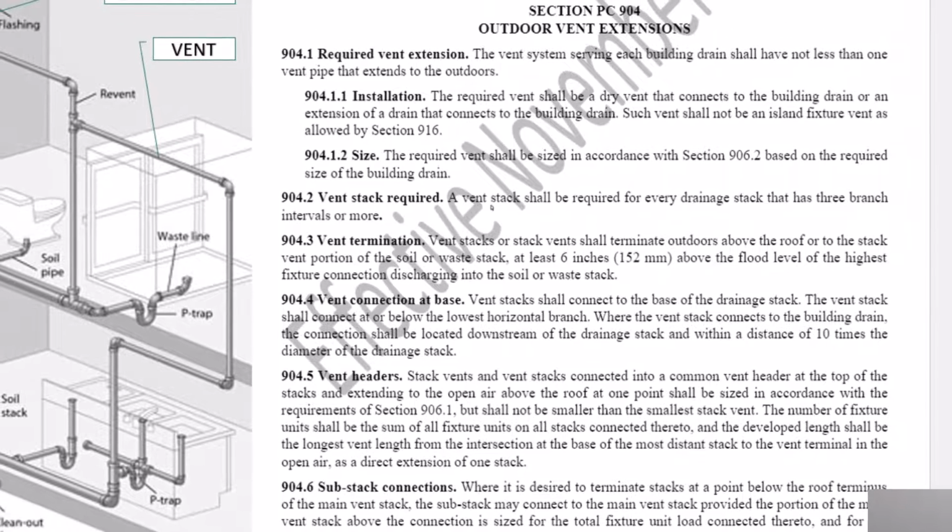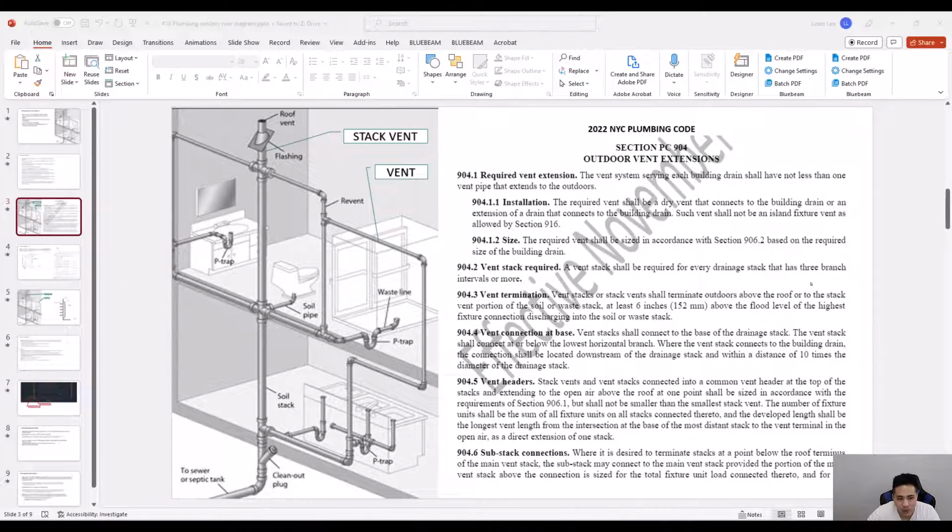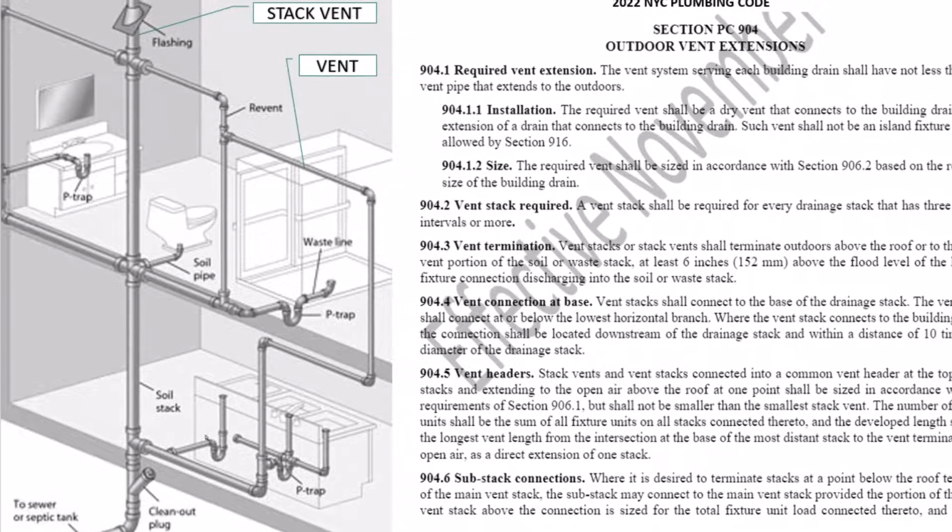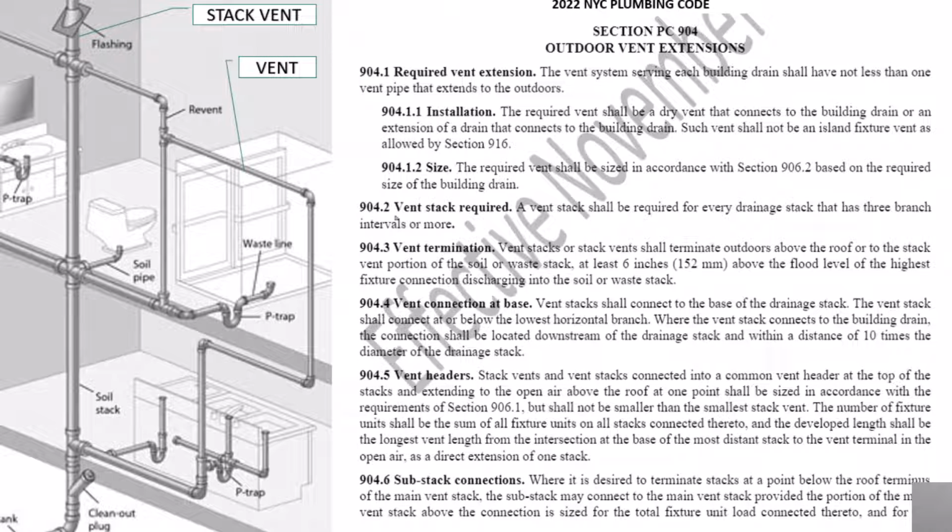So the vent stack is required for every drainage stack that has 3 branch intervals or more, or generally 3 floors or more. So in this case, you have 2 floors, so you can have a stack vent. So if you had 3 floors, then we would be required to add a vent stack, as it shall be required if it has 3 branch intervals or more.